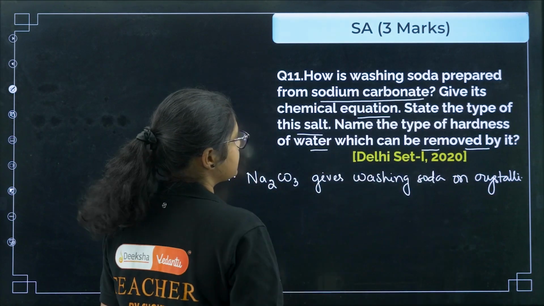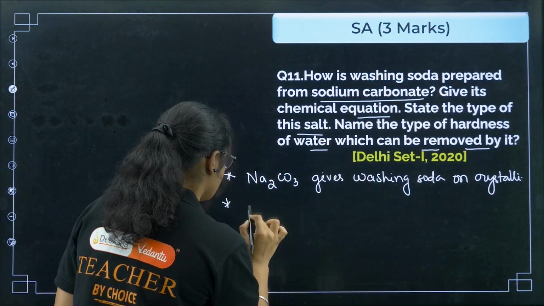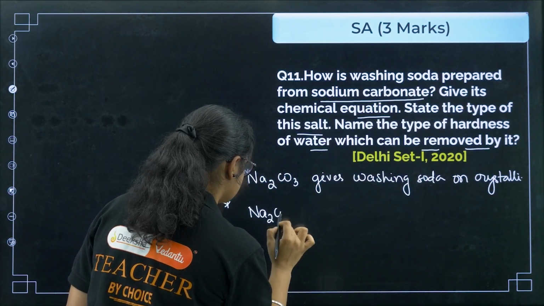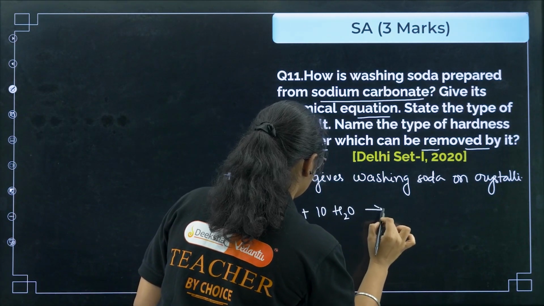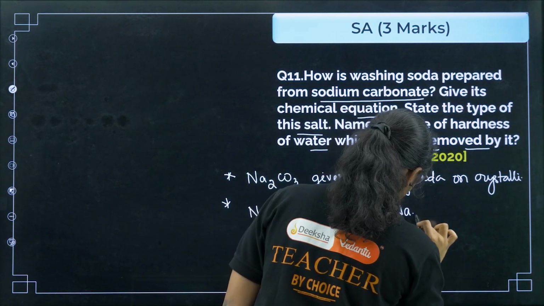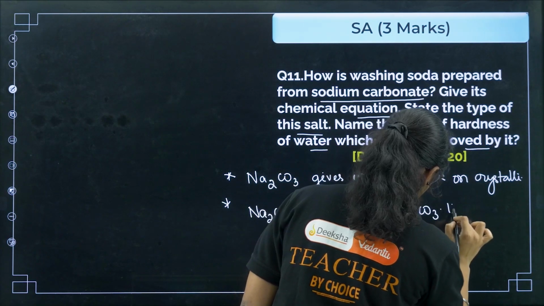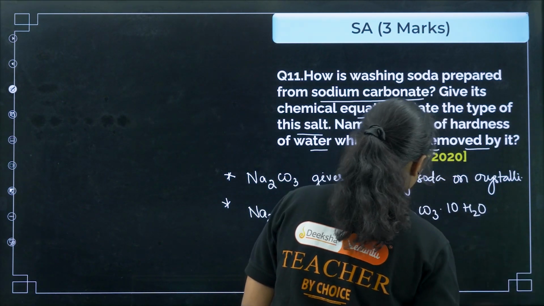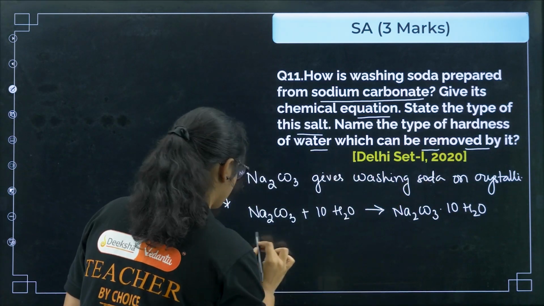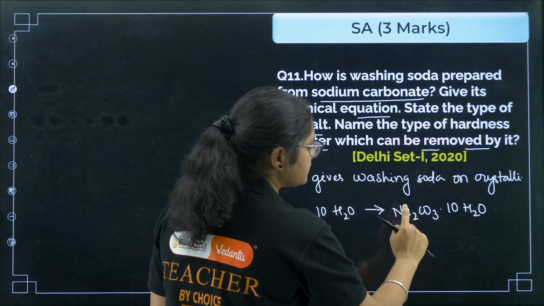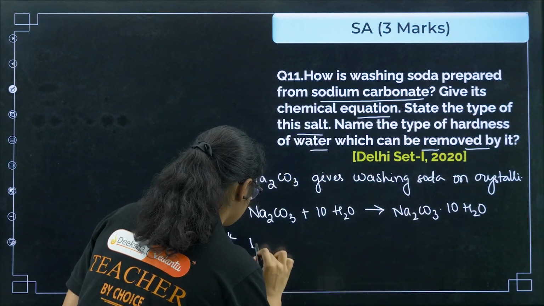Next, give its equation. So to write the equation, you can write Na2CO3 plus 10 water gives you Na2CO3.10H2O. Next, state the type of this salt.